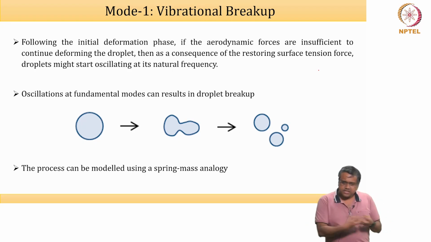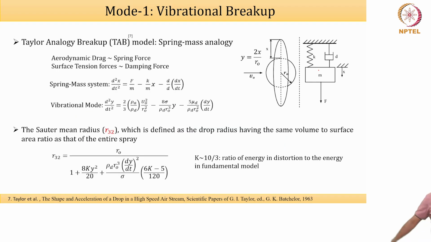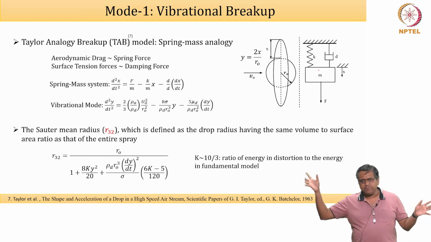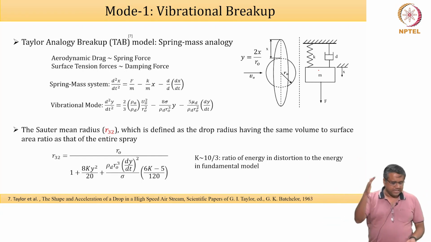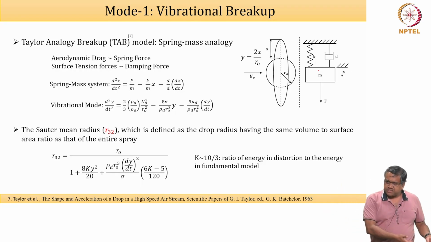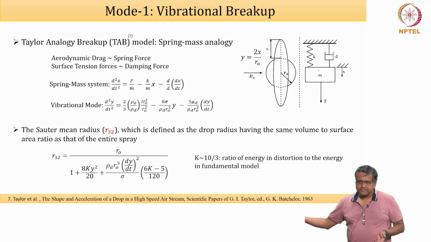If the droplet is large, your offspring are also going to be large. And this is typically modeled by what we call the Taylor analogy breakup model, or the TAB model in short. It's basically a spring mass system with K being the surface tension and mu being the damping factor. So surface tension is the restoring force, and that is the damping.